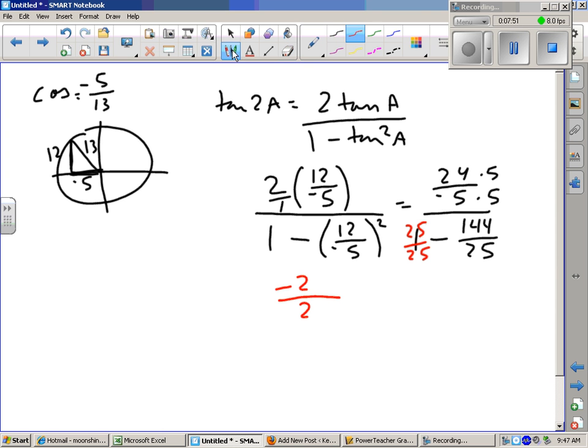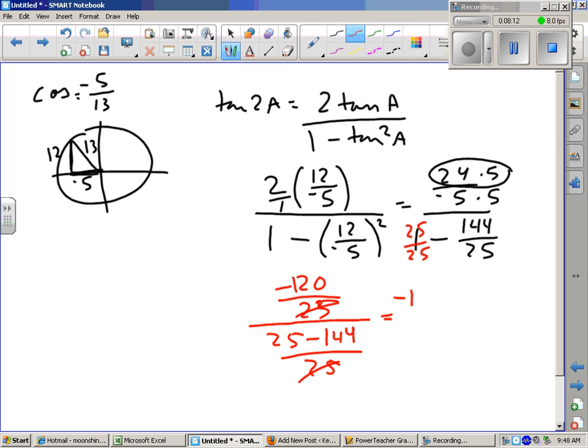It's going to be negative 120 because 24 times 5 is 120. So negative 120 over 25 over 25 minus 144 over 25. Cancel the denominators, so I get negative 120 over 119. Okay, so that's how you do tangent of 2a.